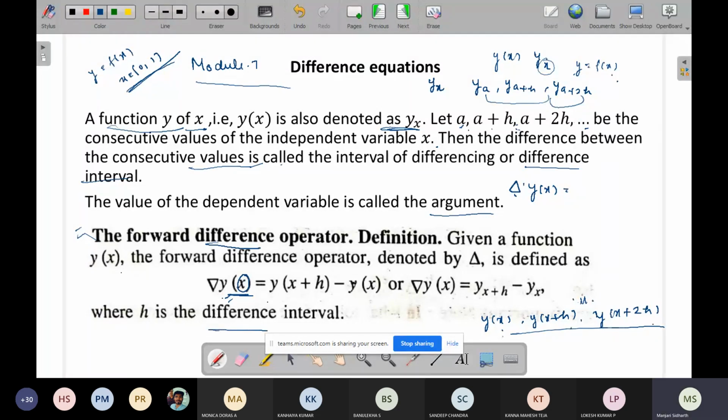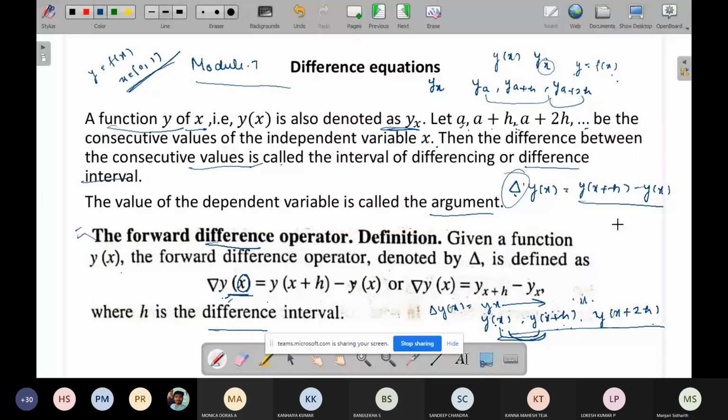So when we are using the forward difference operator, we take this first, the value of del yx, and we subtract this one. Forward difference means the difference from here to here with these arguments. So y at x plus h minus yx. This is the forward difference, and this operator is called the forward difference operator.